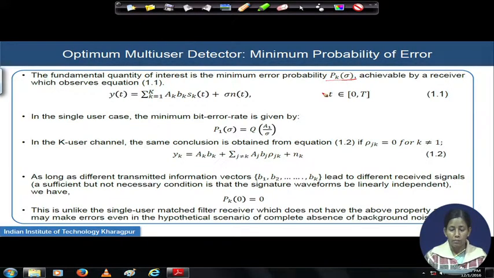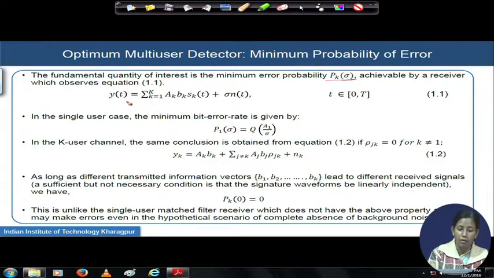In the presence of noise, the variance of the noise will be sigma square, and so P_k(sigma) is the error probability in presence of that noise.